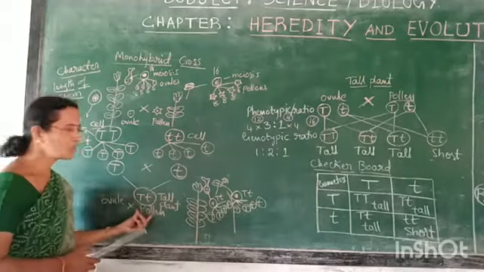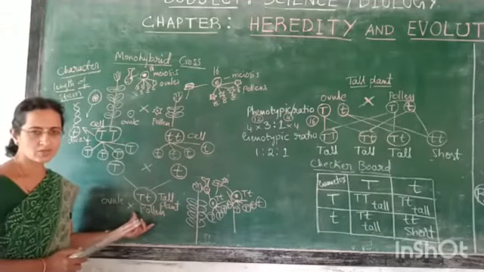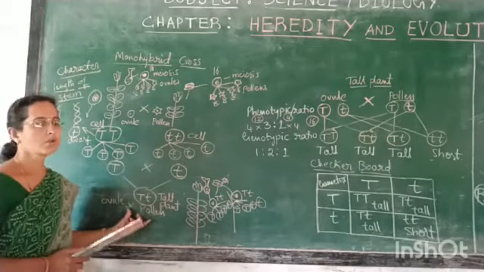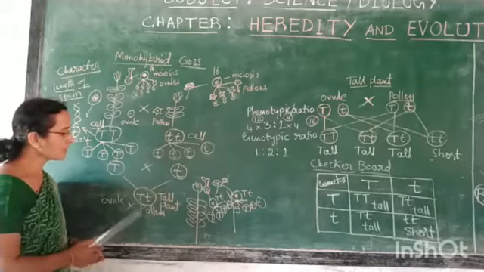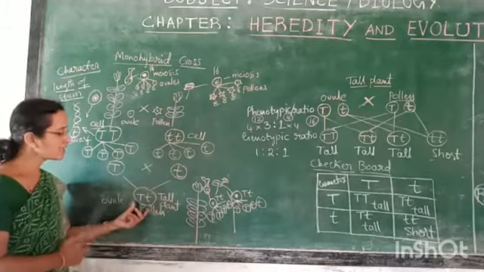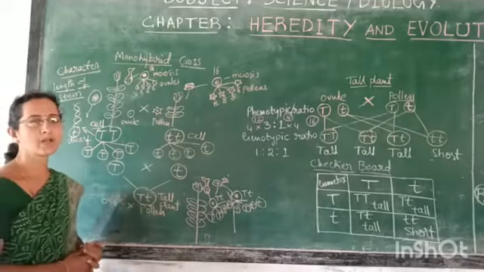The genetic constitution of the next generation plants was unknown. To know the genetic constitution of the progeny of the first generation plants, he self-pollinated these plants. What is self-pollination?